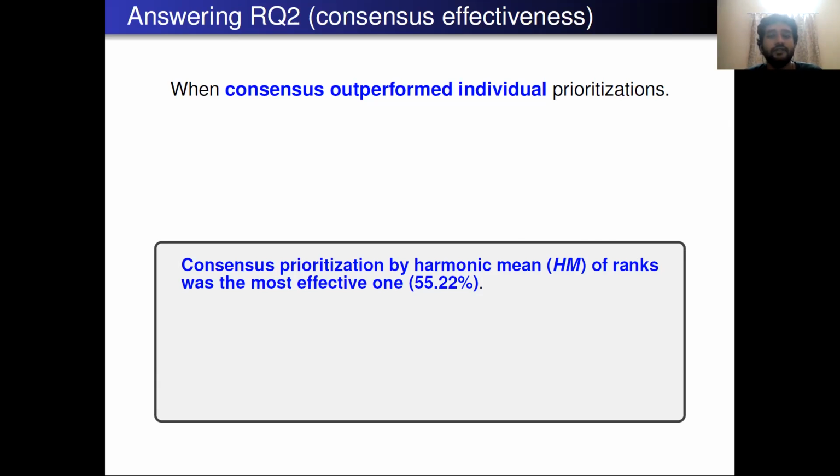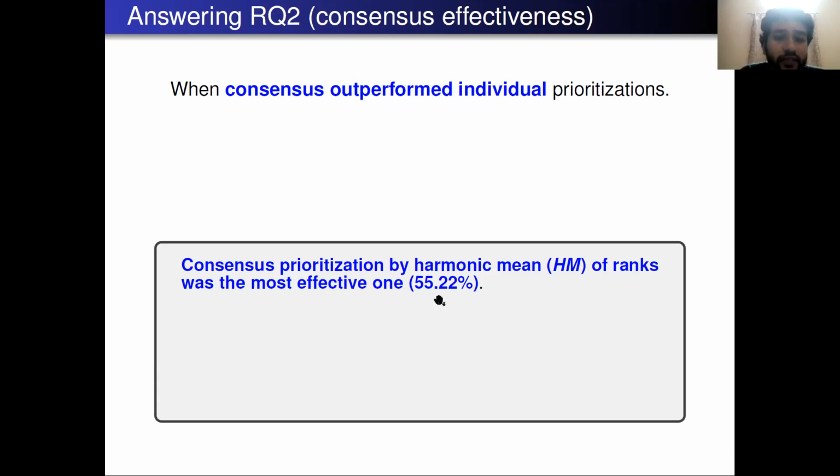For each individual heuristic, we calculated the effectiveness score, and then each of these consensus techniques performed the consensus on the result of the 13, that is the prioritization of the 13 different heuristics, and then again calculated the effectiveness score for the consensus. We found that HM was able to beat the individual approaches on 55.2% of occasions.